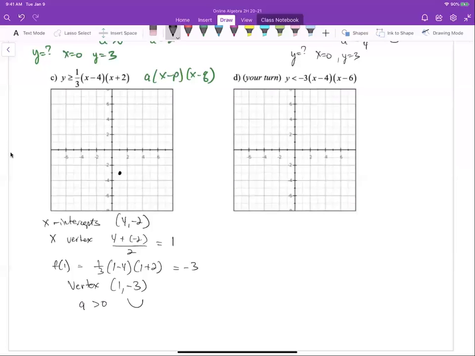That's the value of x when y is equal to 0. So let's just plot those x-intercepts. So x is equal to 4 and negative 2 when y is equal to 0. And even though we would like to have 2 points on each side of the vertex, 1 is enough. And by the way, I have greater than or equal to, and so it is a solid line.